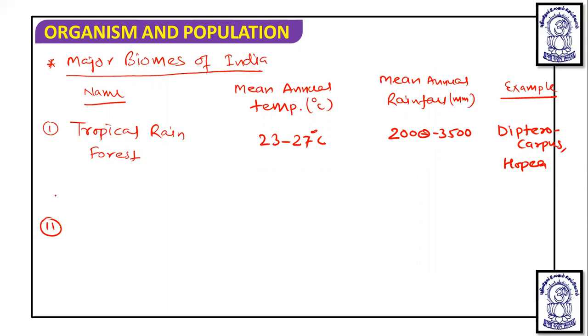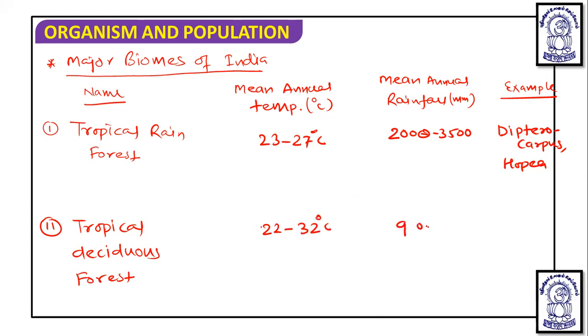The second biome found in India, which is an important major biome, is the tropical deciduous forest. And in the tropical deciduous forest, the temperature is 22 to 32 degrees Celsius.